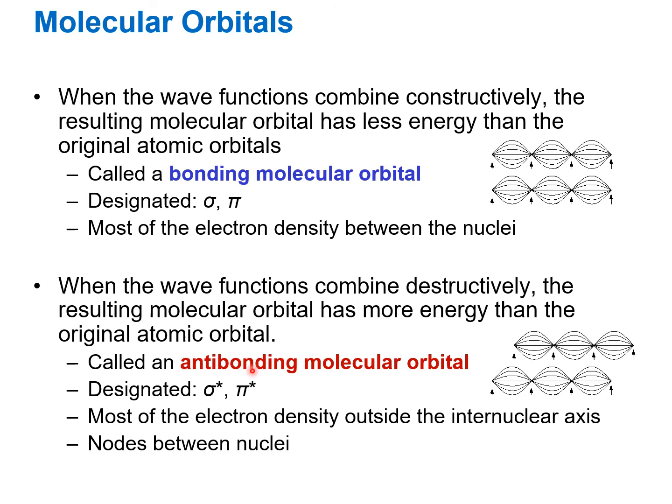When we have an anti-bonding scenario, we're going to be out of phase. We're going to have that destructive interference in our sine waves, and we're going to find the electrons outside of the internuclear axis. That means that the electrons are going to be found on the outside of the area that exists between the two nuclei.